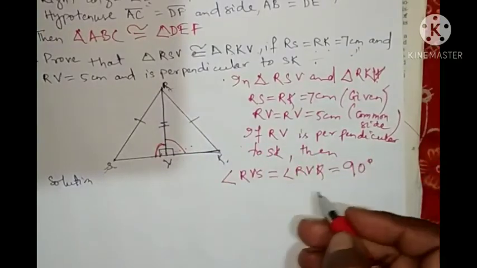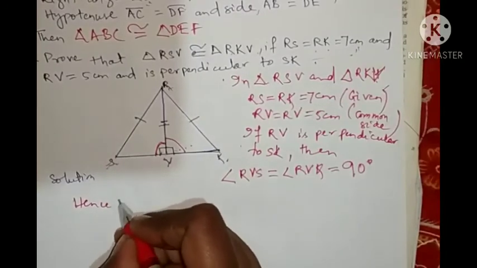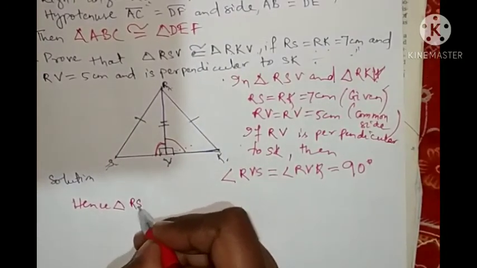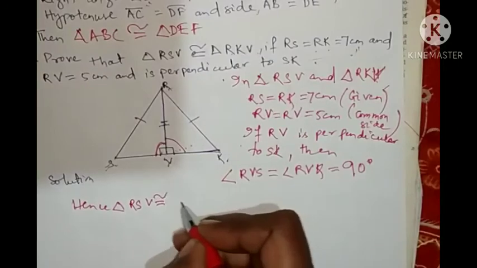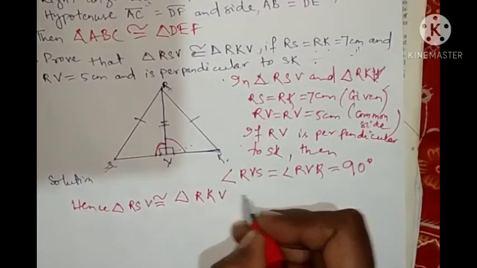So due to that rule, hence triangle RSV is congruent to triangle RKV. Why?